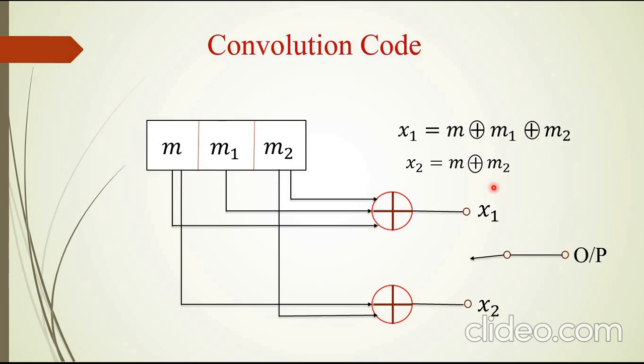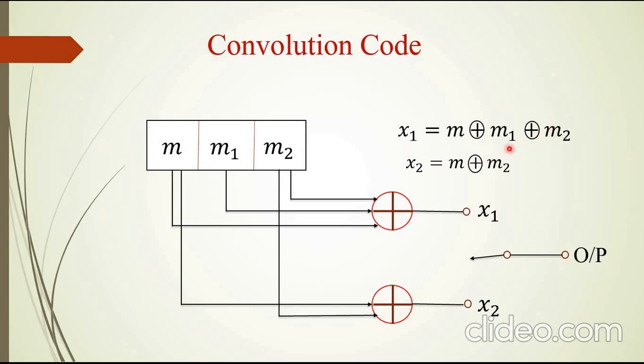Okay, so now here we need a modulo 2 sum. When you represent this in terms of output, the output x1 will be x1 equal to m modulo 2 sum m1 modulo 2 sum m2.